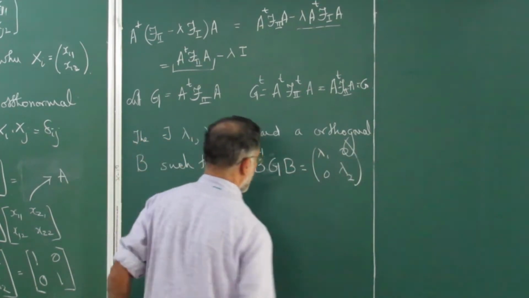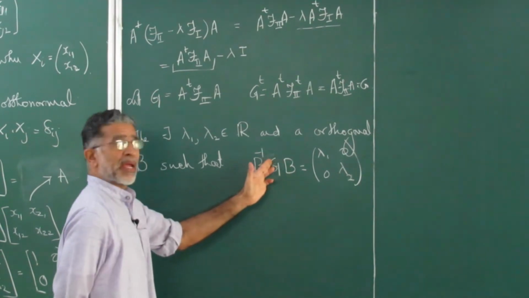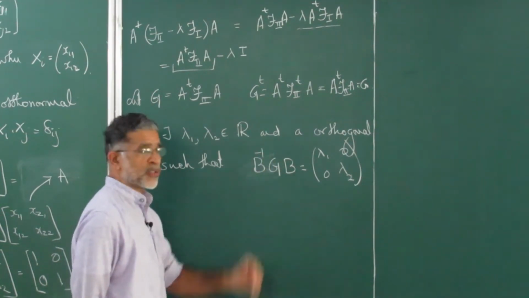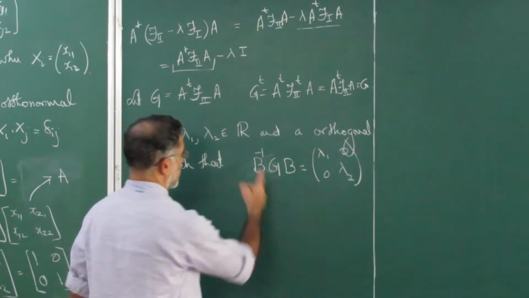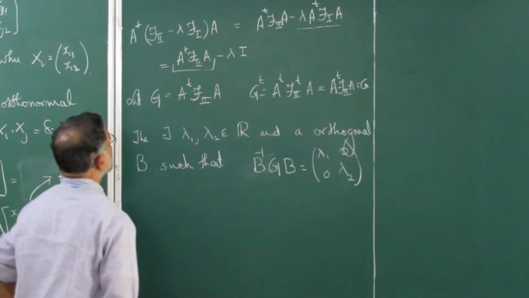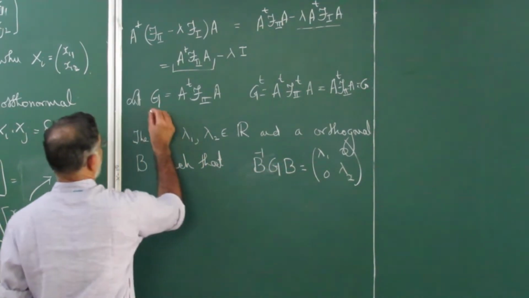But remember, B inverse is the same as B transpose for an orthogonal matrix, so we could even write that. Okay, so now we come back to this guy.